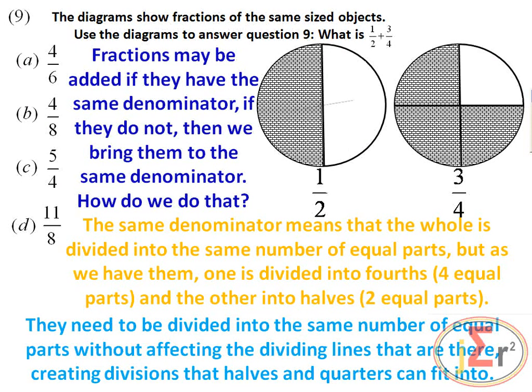One step. Right. So here we have just dividing this one like that. Now we have 1, 2, 3, 4. Do we have 4 equal parts, Jerry? Yes. How many equal parts do we have over here? 4 equal parts. Because of that, we know that the fractions now may have the same denominator because they are divided into the same number of equal parts.